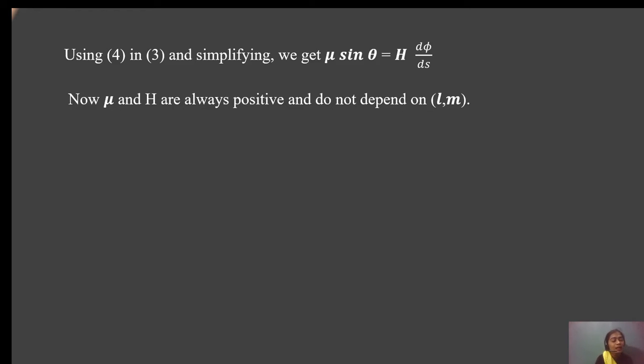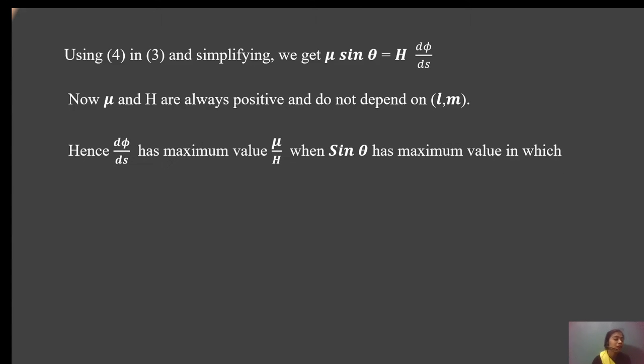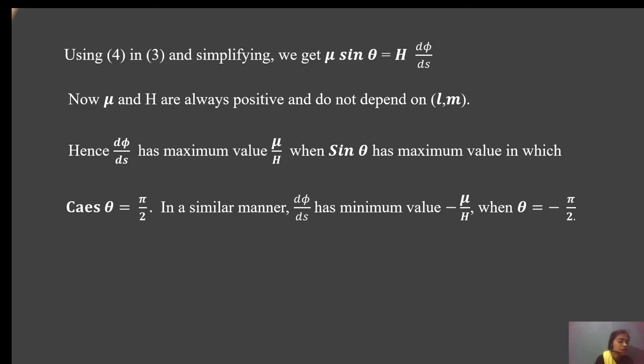Now mu and H are always positive and do not depend on L, M. Then d phi upon ds has a maximum when sin theta is a maximum, and in that case theta equals pi by 2. In a similar manner, d phi upon ds has a minimum value, minus mu upon H, when theta equals minus pi by 2.